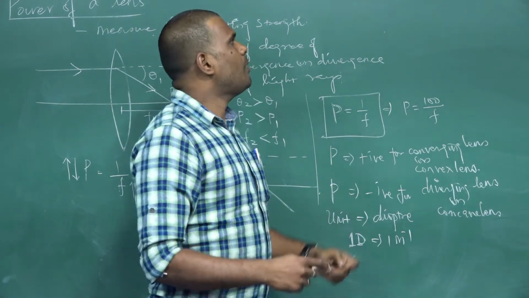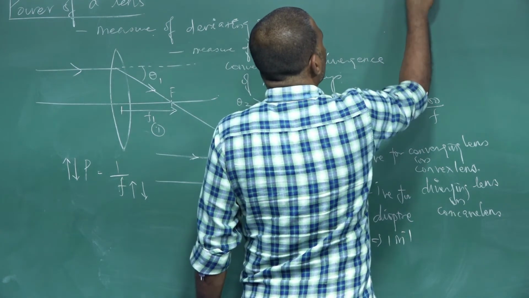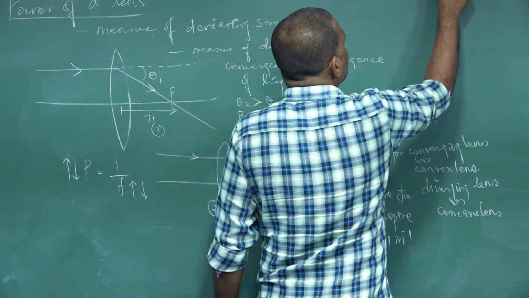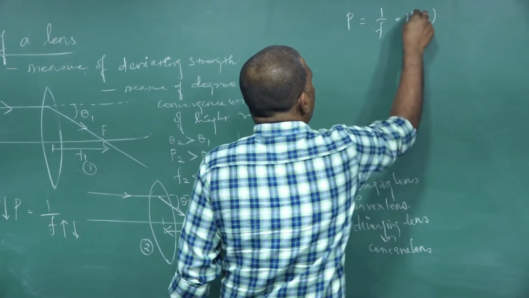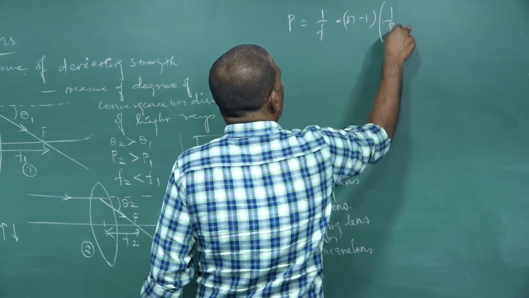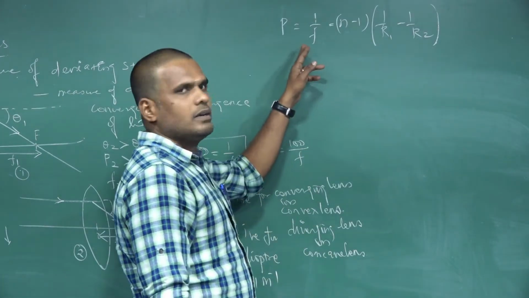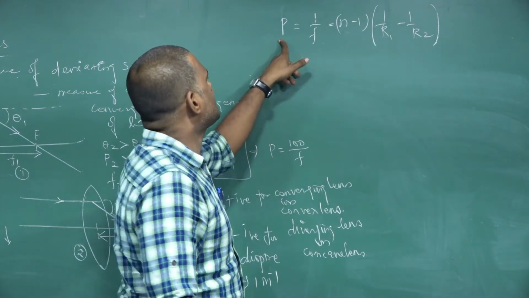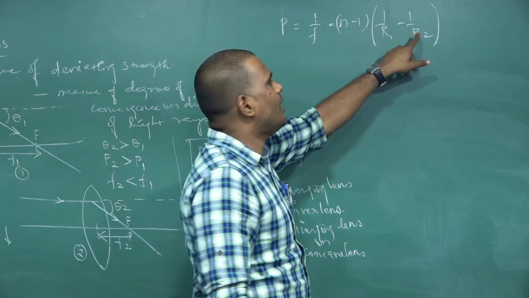Also, with the help of lens maker's formula, we can write the expression for power of a lens as P equals 1 by F, which is equal to (n minus 1) into (1 by R1 minus 1 by R2).